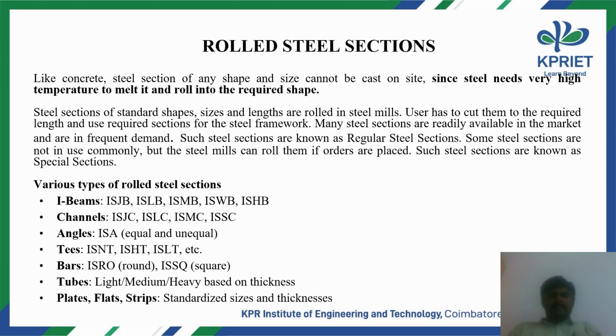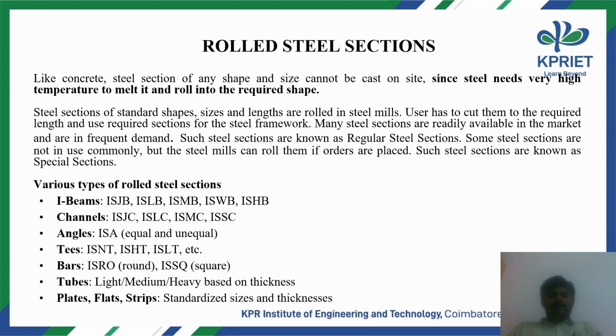And for angles, there are two types. ISA means Indian Standard Angle. The first one is equal angle, another one is unequal angle. And then like I beams, channels, angles, T's are classified into three types: ISNT, ISHT, and ISLT.